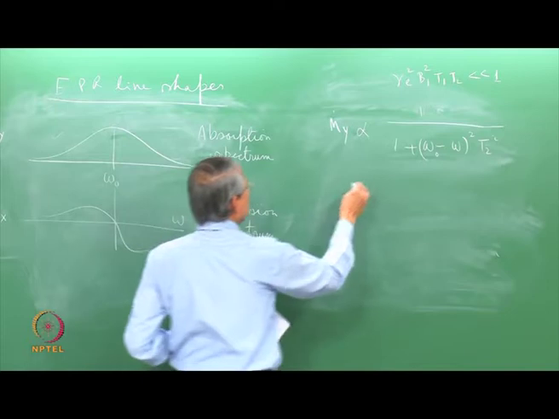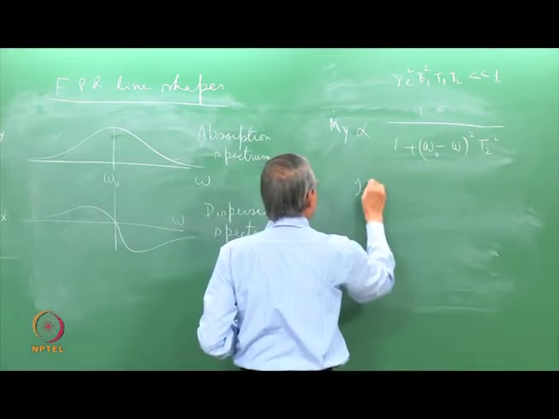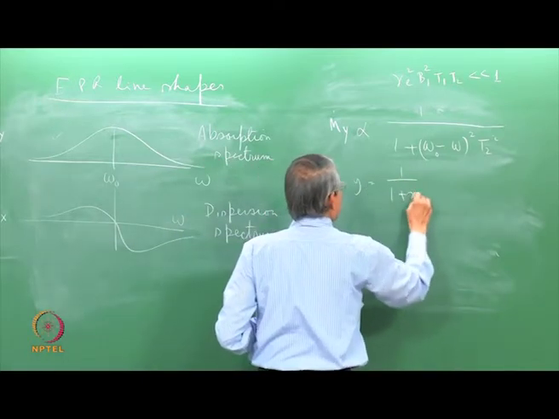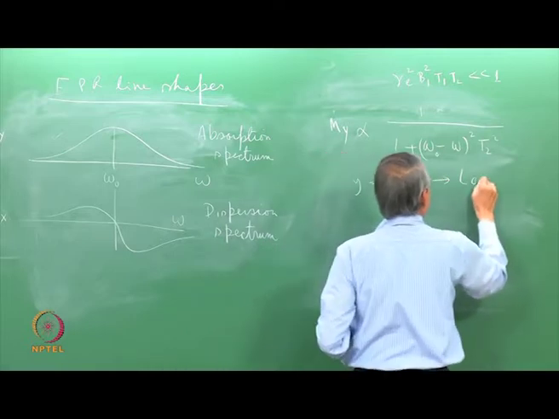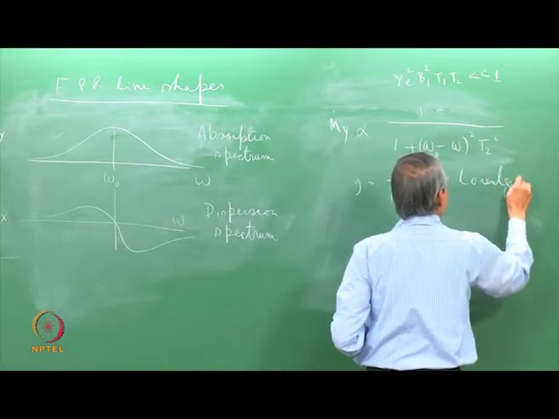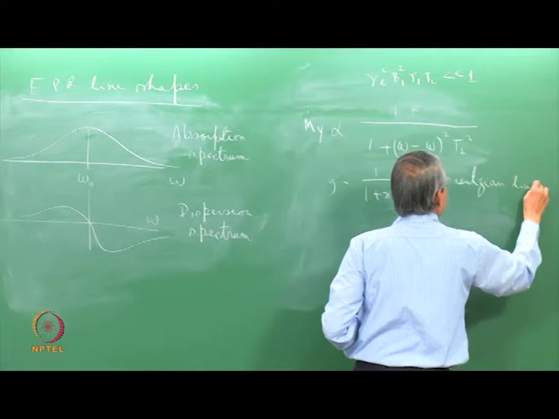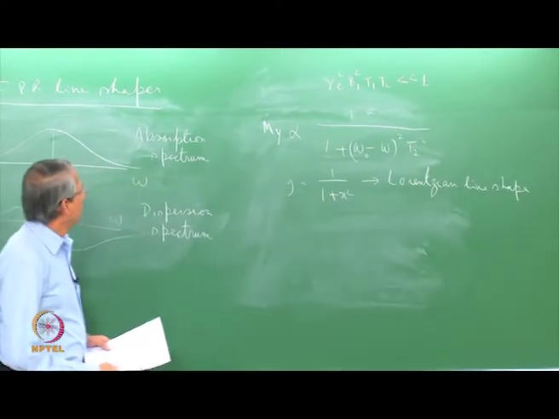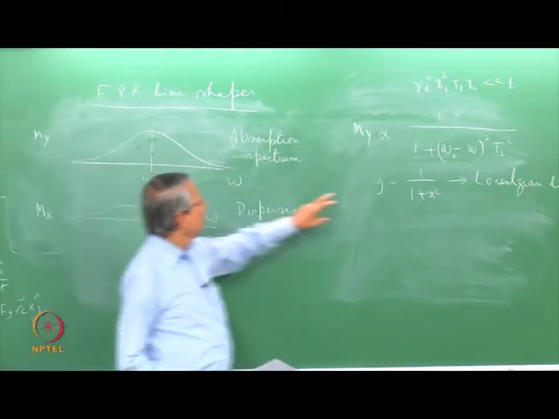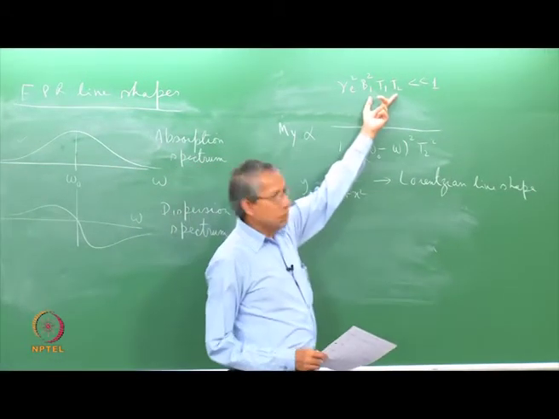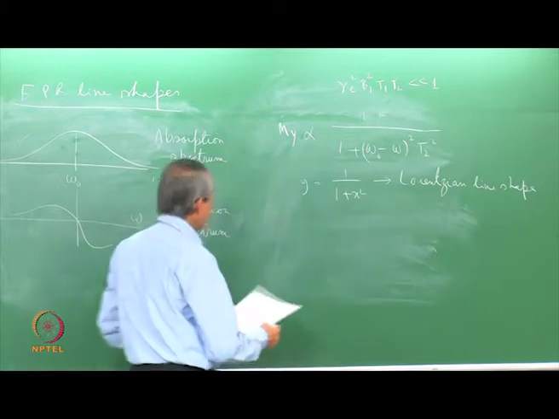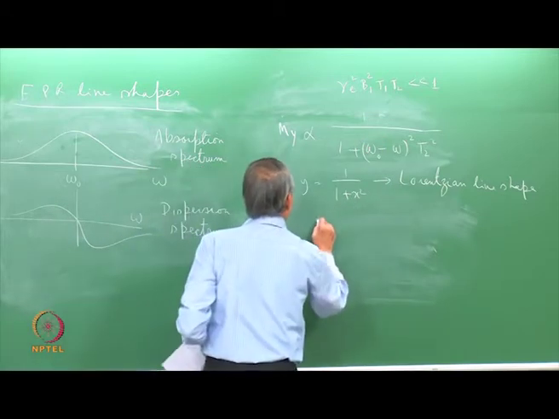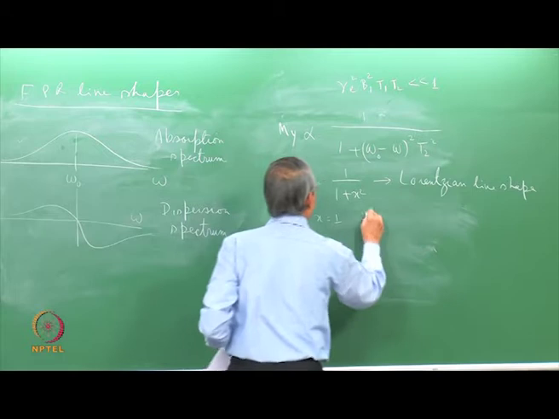Now, this is exactly similar to the form y equal to 1 by 1 plus x square, which is the Lorentzian. So, the EPR absorption spectrum will therefore appear Lorentzian when this term is neglected. Now, see, when x is equal to 1, the value of y becomes half.